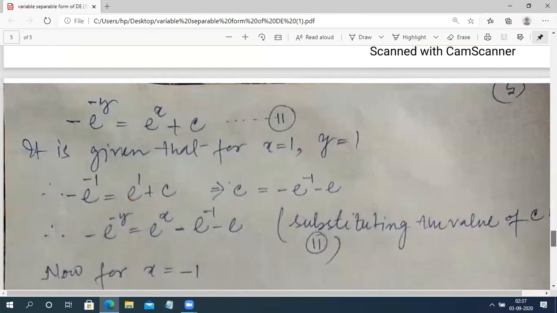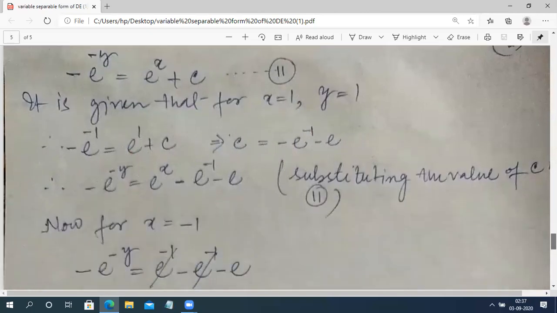Now the question is find the value of y when x is equal to minus 1. So if we substitute this value in the general solution, what will we get? We will get negative of e to the power minus y is equal to e to the power x plus the value of c, which is minus e to the power minus 1 minus e.